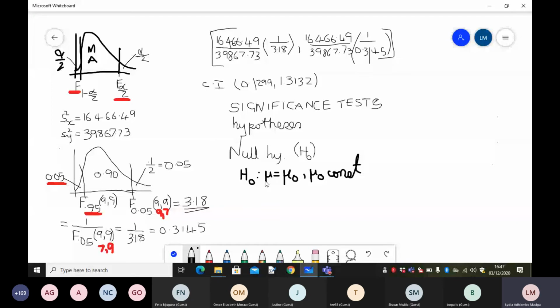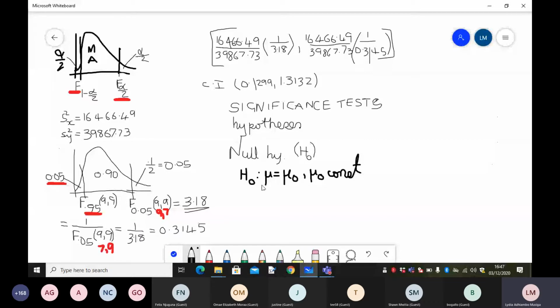So for example, we are saying the mean weight is 60 kilograms. That is a null hypothesis, and it is the hypothesis to be rejected.